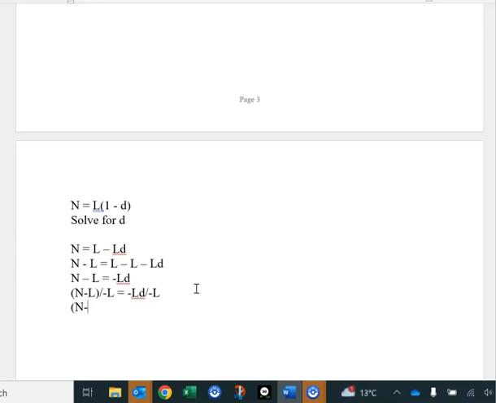N minus L, again in brackets, divided by negative L equals minus Ld divided by minus L leaves us with d. Okay, so n minus L divided by negative L equals d. Okay, so again, we're going to be using this formula in Chapter 5. So we will be seeing this again.